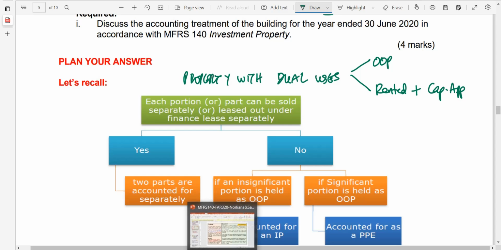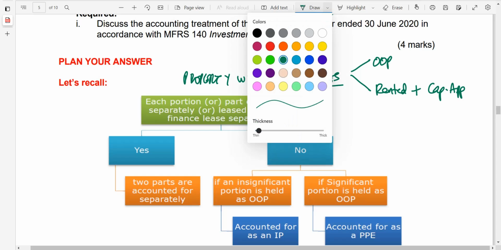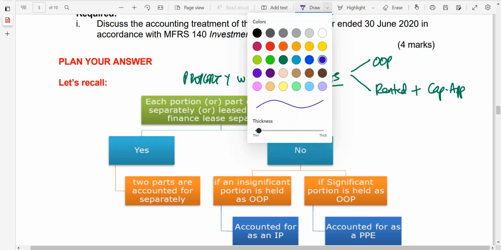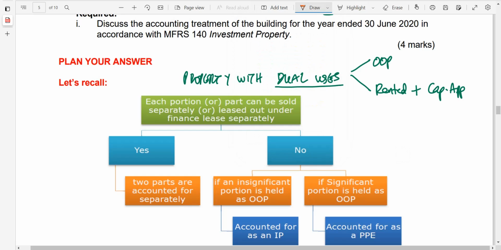Under MFRS 140, for this property with dual uses, you need to go and see whether or not each portion can be sold or leased out separately. So can it be sold or leased out separately?